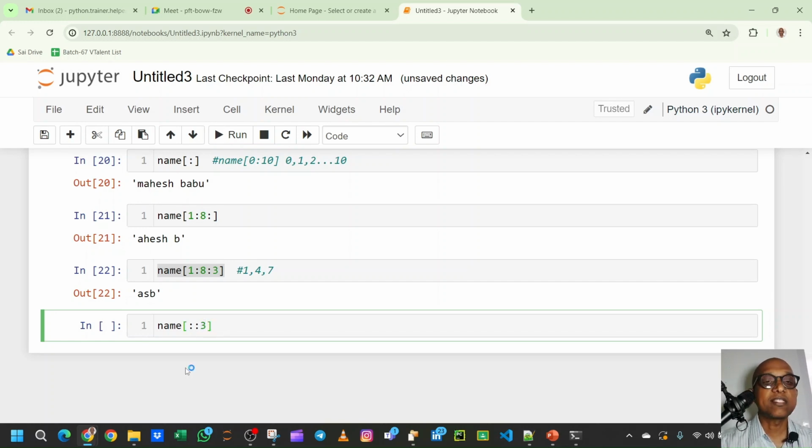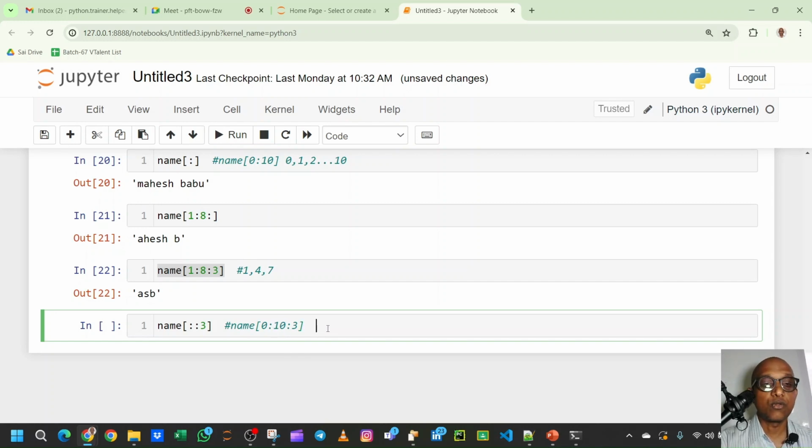So what does it mean? What is the default value for the starting index number if I don't mention it? Zero. What is the default value for the ending index number if I don't mention it? In the given string, that is 10. So this means name of 0 colon 10, and here again the 10 is included. Remember that because I did not mention the ending index number, the default value is the last index number, and it is included here.